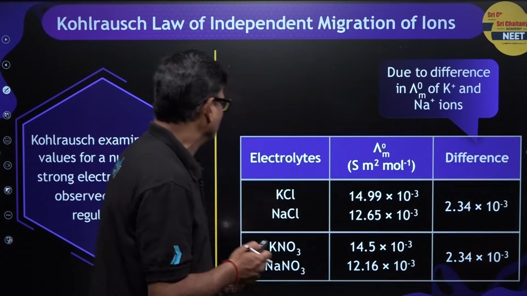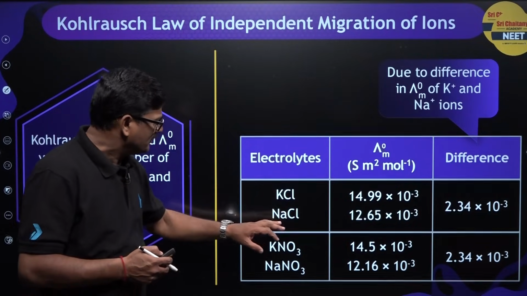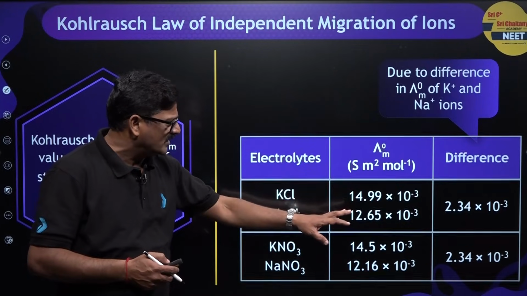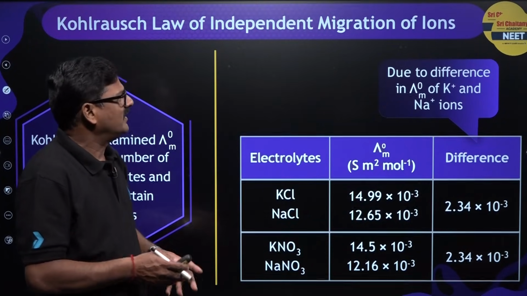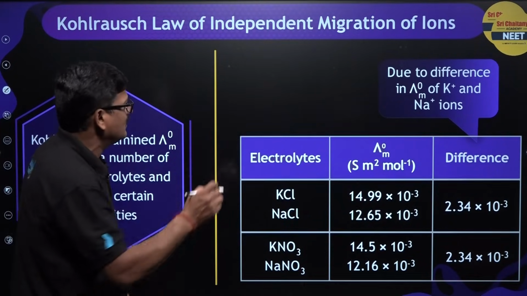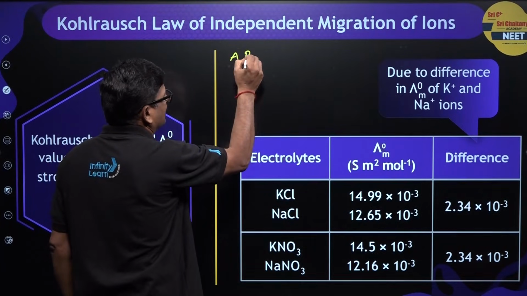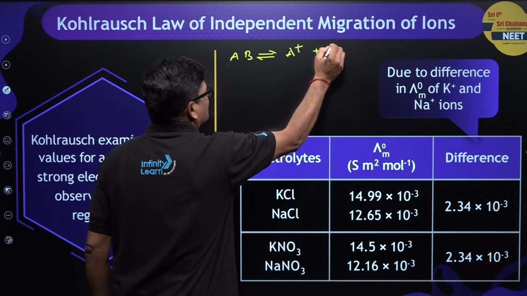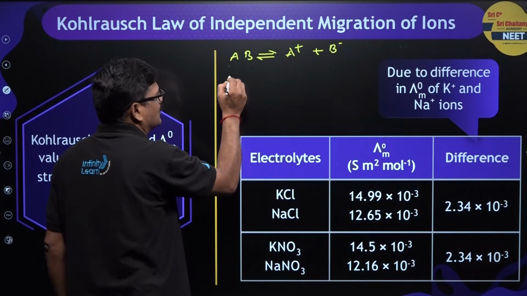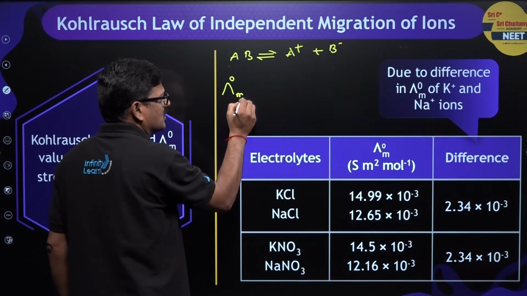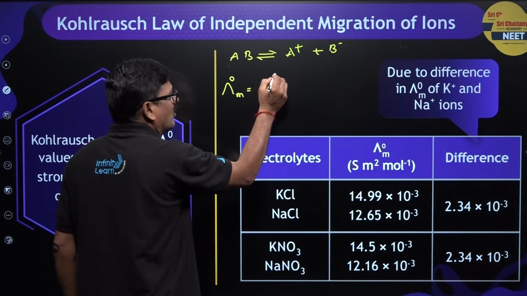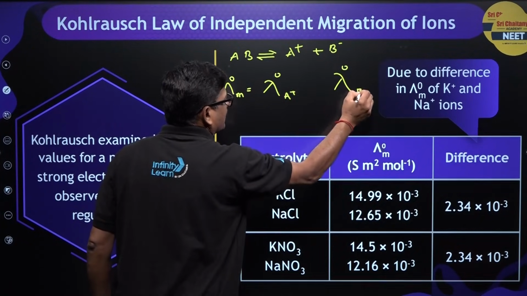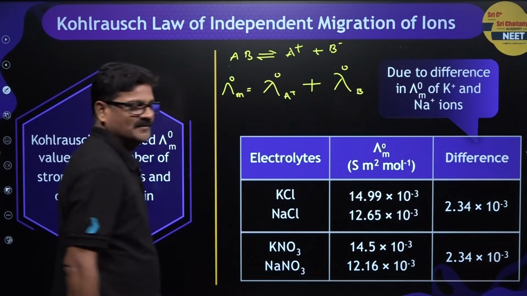I mean to say, if you take NaCl and KCl, their values are given and the sum of these values is calculated. In the simplest way, if AB is an electrolyte ionizing to give A plus and B minus, the molar conductivity at infinite dilution is equal to the ionic mobility of A plus and the ionic mobility of B minus, and you have to sum both.